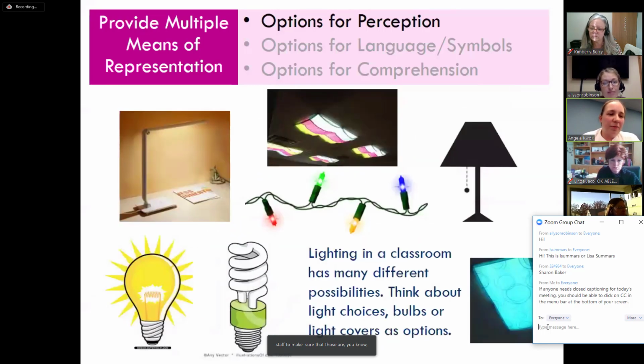Allison, did you want to provide any input on the different types of lighting? I love that you put all of these. You really covered the different things. The only other thing I thought of just now is that there is some research to show that some of those colors help certain kiddos, whether they have dyslexia or ADHD. So look up some of that research before you choose a color, rather than picking one at random.